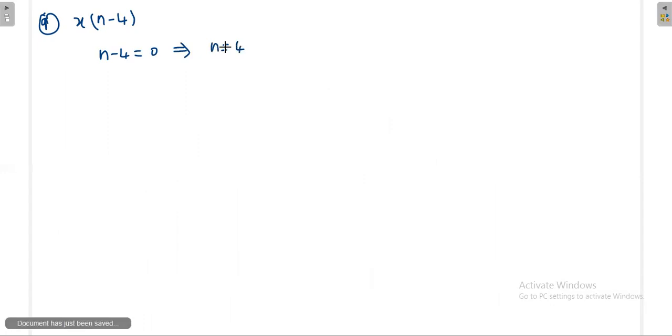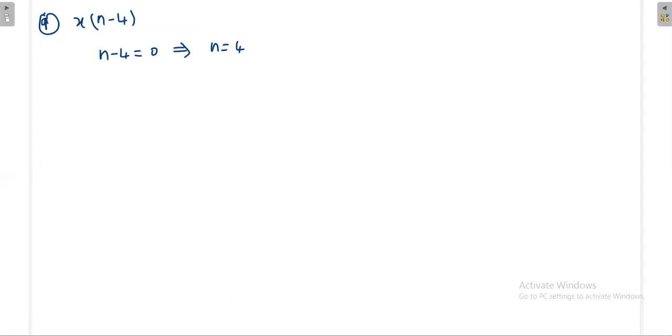First, we have to calculate x of n minus 4. It is very simple. When it is x of n minus 4, what is the meaning? n minus 4 equal to 0 means n is equal to 4. Since it is positive, the diagram is shifted towards the right side.